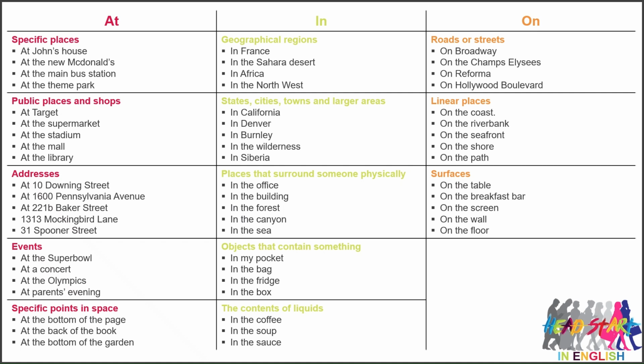Let's have a look at the next column now, in. We can use in with geographical regions, in France, in the Sahara Desert, in Africa. We can use in with states, cities, towns and larger areas, in California, in Denver, in Burnley, in the wilderness, in Siberia. We can use in with places that surround someone physically when you feel enclosed by something.